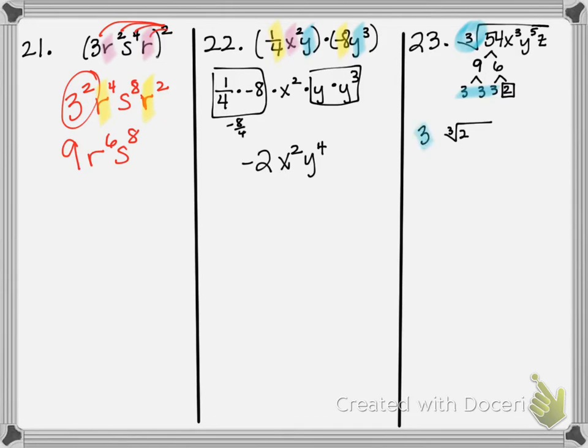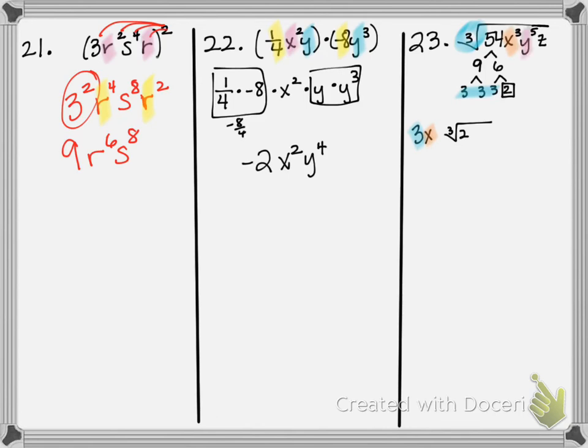Now, my next piece is x to the 3rd power, so I have 3 full groups there. Does anything stay inside? No, because 3 goes into 3 one time with no remainder. Next is my y to the 5th power.